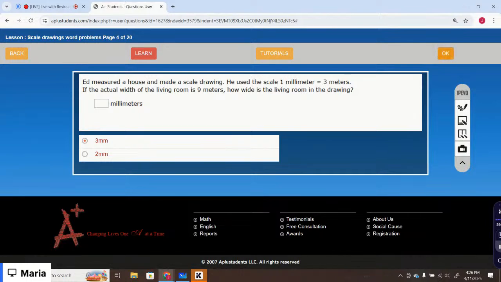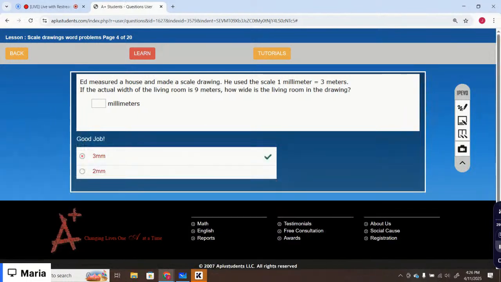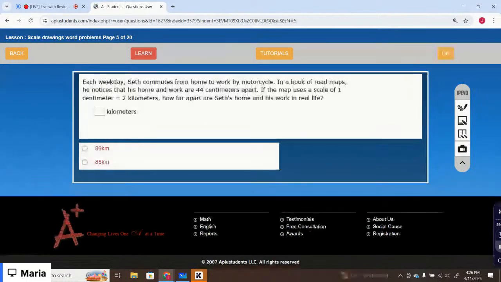Okay, the next one is: each weekday Seth commutes from home to work by motorcycle. In a book of road maps, he noticed that his home and work are 44 centimeters apart. If the map uses a scale of 1 centimeter equal to 2 kilometers, how far apart are Seth's home and his work in real life?